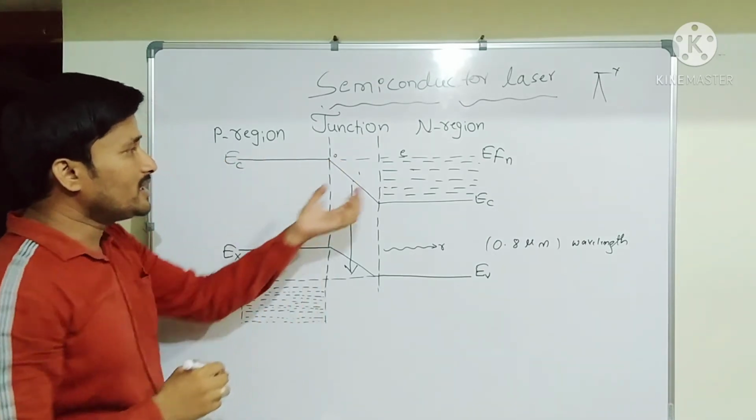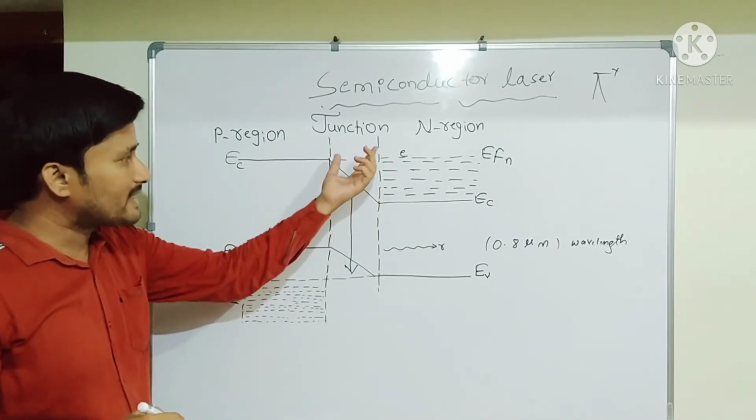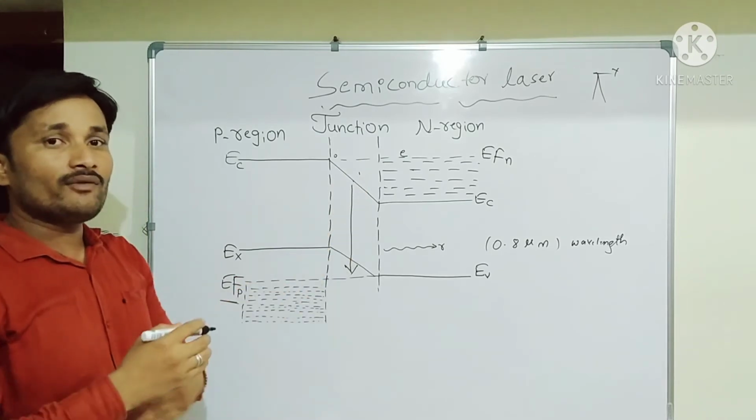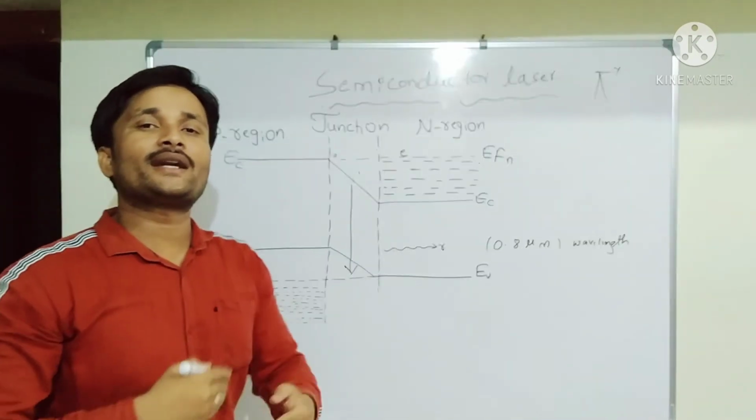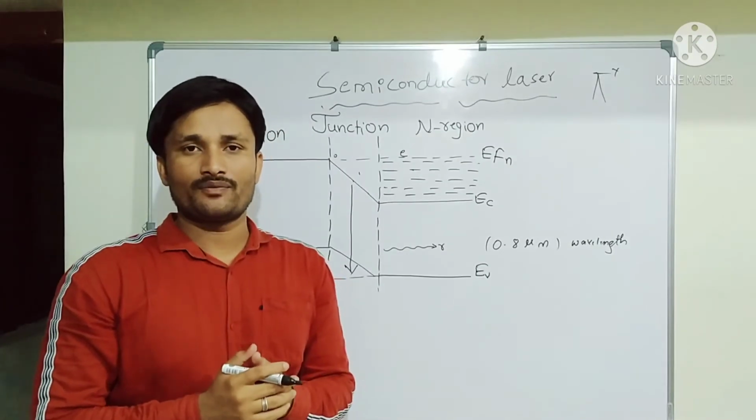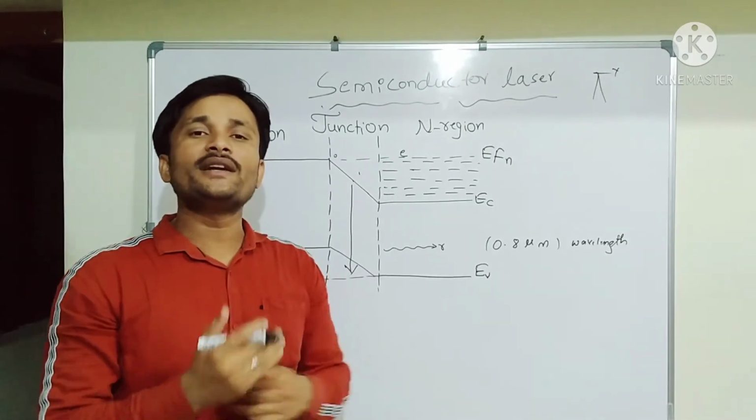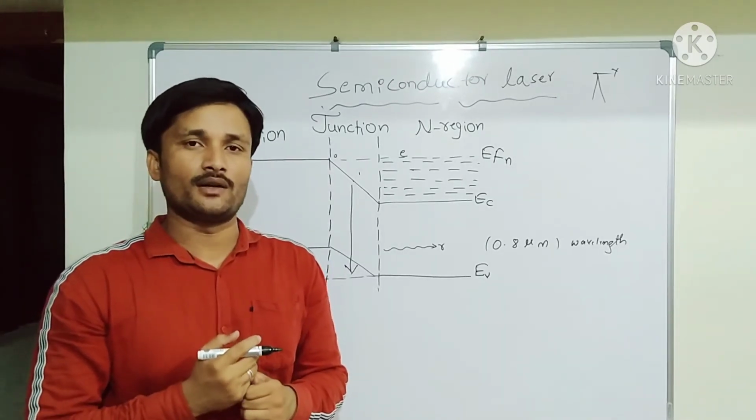Once these electrons and holes enter the junction, recombination of electron and hole takes place. That recombination leads to spontaneous emission.